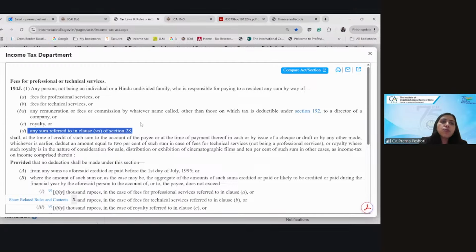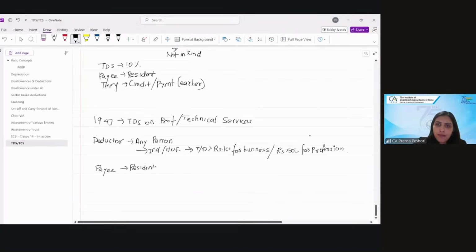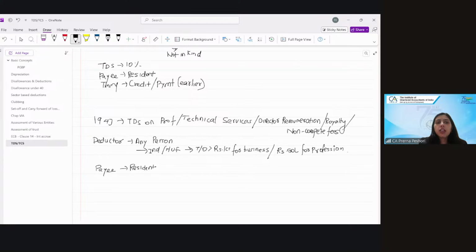What is 28(5)(a), students? Non-compete fee. 28(5)(a) is nothing but non-compete fee. Are we clear?